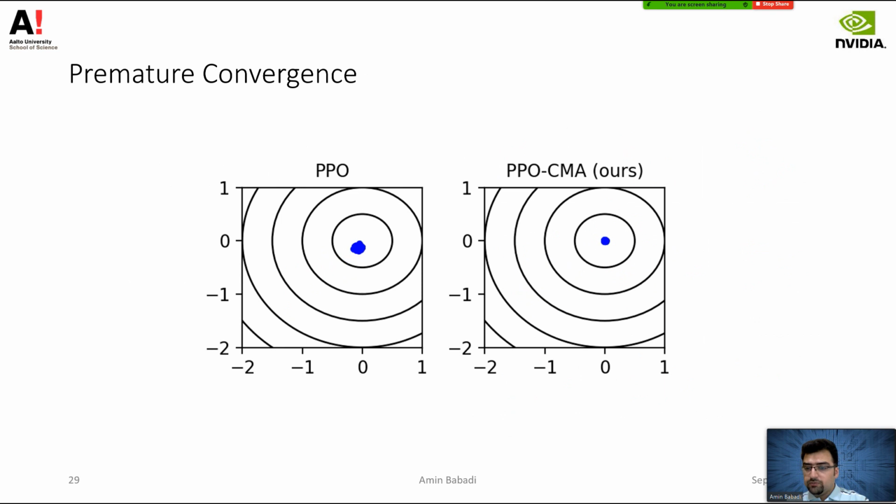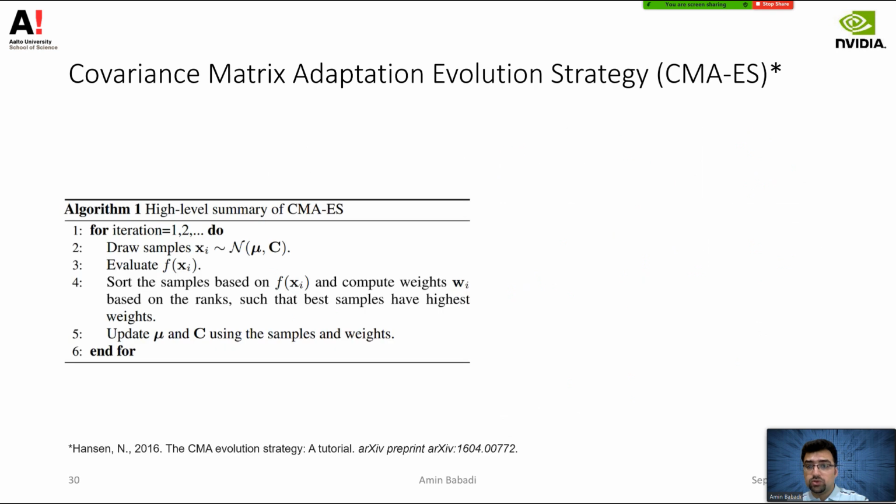But before explaining how we designed PPO-CMA, I need to give you a short recap of CMA-ES, which is a black box optimization algorithm. And the way CMA-ES works is that at each iteration, it draws some samples from the sampling distribution, and then it evaluates them using some fitness function, and then it uses the fitness values to compute the weights of the samples.